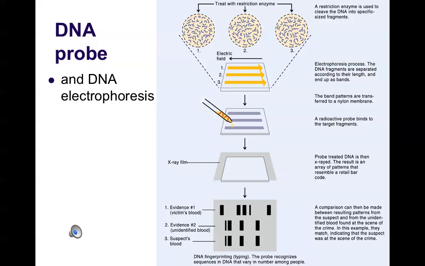That's part of the actual application or the usefulness of today's genetic engineering in modern crime or forensics. We can do the same thing for clinical samples and all other kinds of areas of interest and investigation.